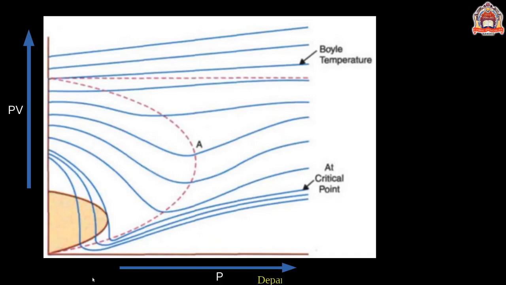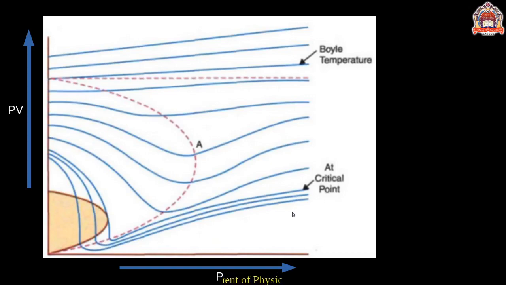Means as we are increasing the pressure, what happens? The behavior of gas is that initially the value of PV is going to decrease for a particular point as we are increasing the pressure, and it reaches a minimum. It decreases up to its minimum point at a particular pressure like this here, and then increases with increase in pressure. As we are increasing the pressure, the PV also increases.